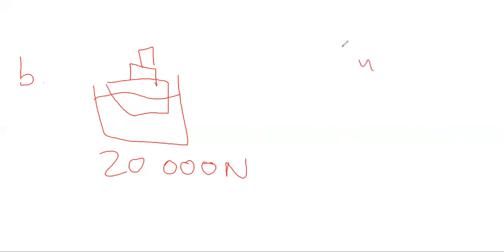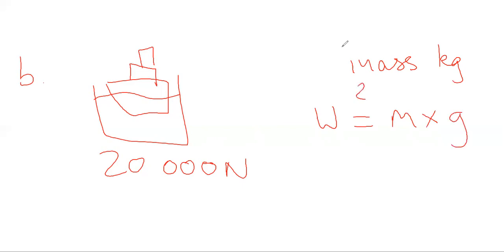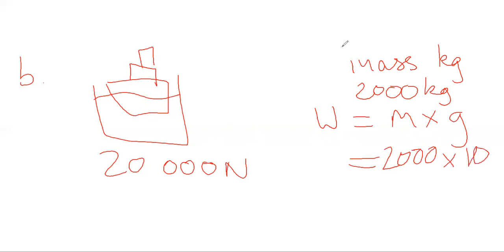But if we want to get weight, we have to multiply it by the force of gravity, which we usually approximate as 10 newtons per kilogram. So this would have been a 2,000 kilogram boat. Don't need to know that for the answer, but I could see that some people are still confused about mass and weight. So that would be 2,000 times 10 newtons per kilogram. We get 20,000 newtons.